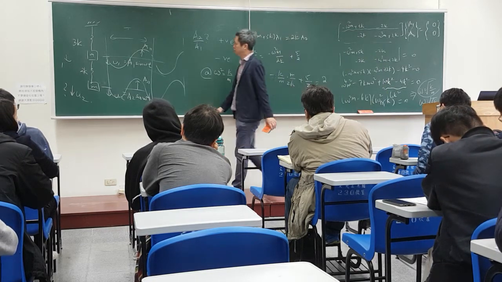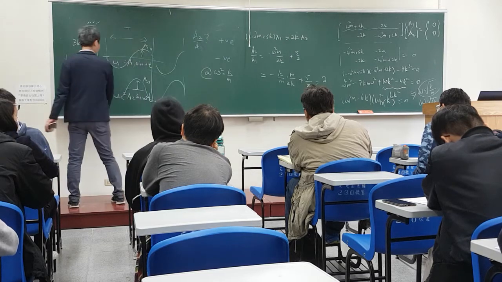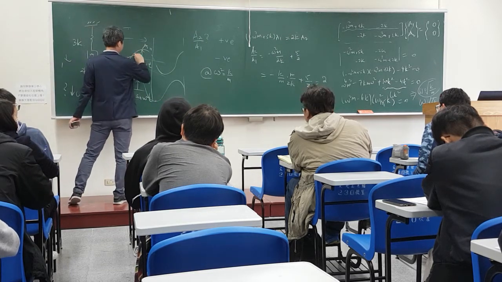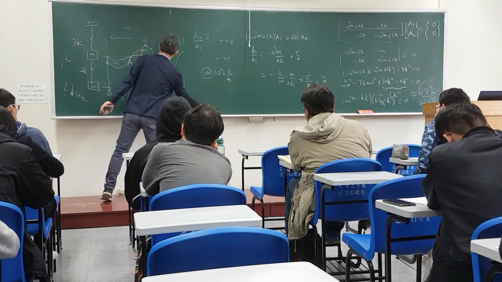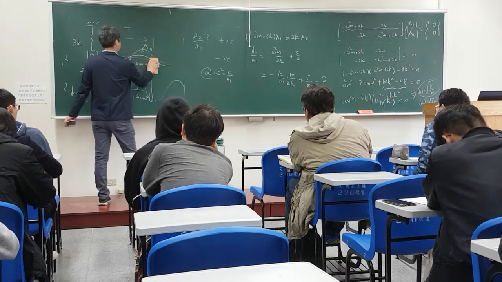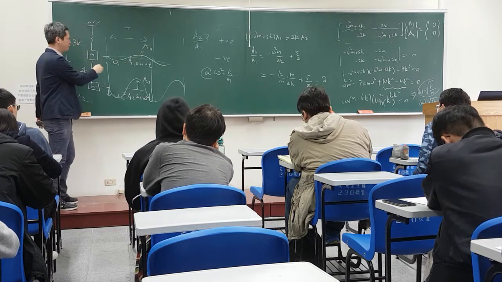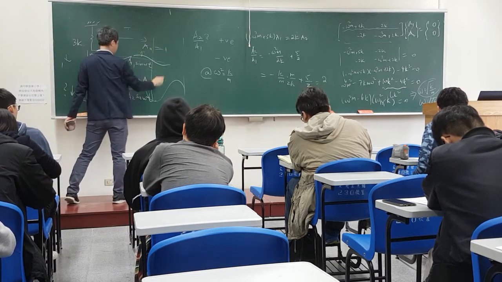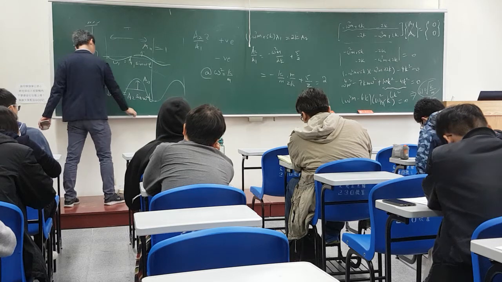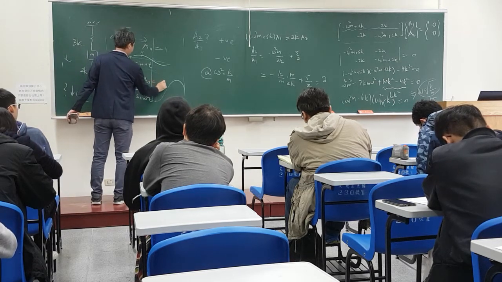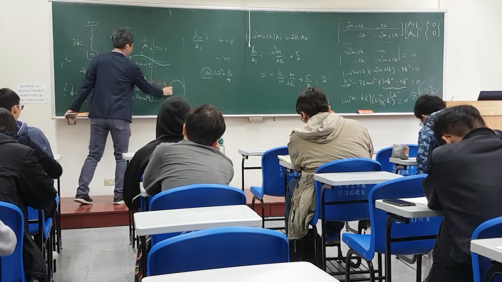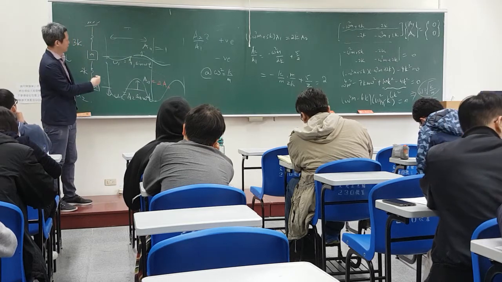So this is telling you if the amplitude here is 1 unit, I'm redrawing this, the middle mass moves by 1 unit. This is 1. And then the lower mass will move by 2 units. Okay? So this is the motion.